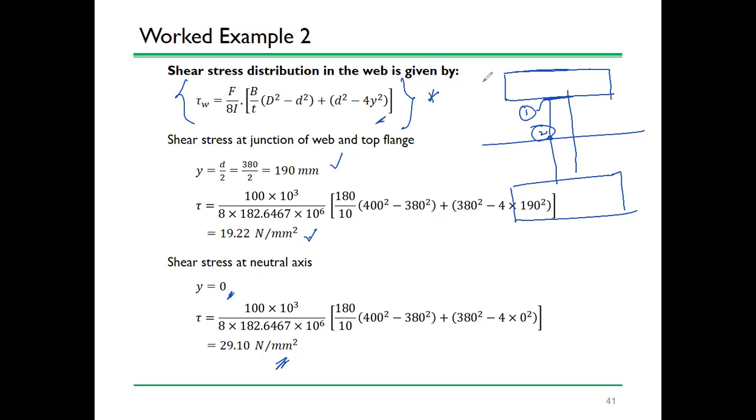So you can note that we have calculated from the top. A similar calculation has to be done for the bottom by using the appropriate values. And of course, because this is a symmetrical section, the values we use here will be the same. So the formula for the top flange is valid for both top flange and bottom flange.